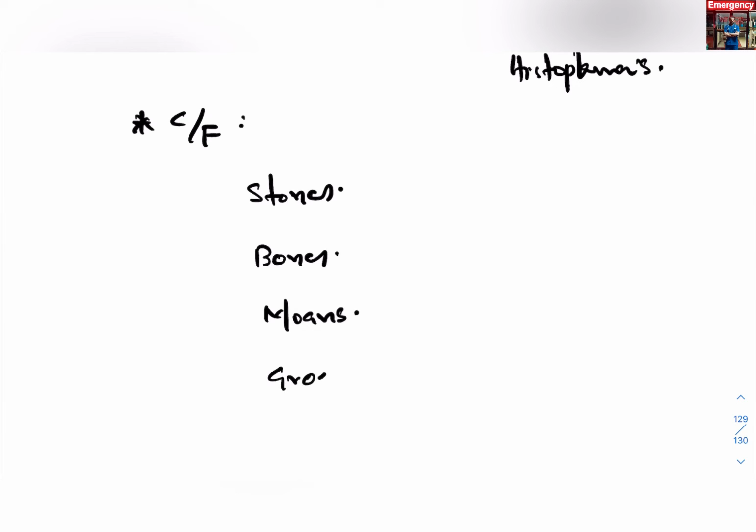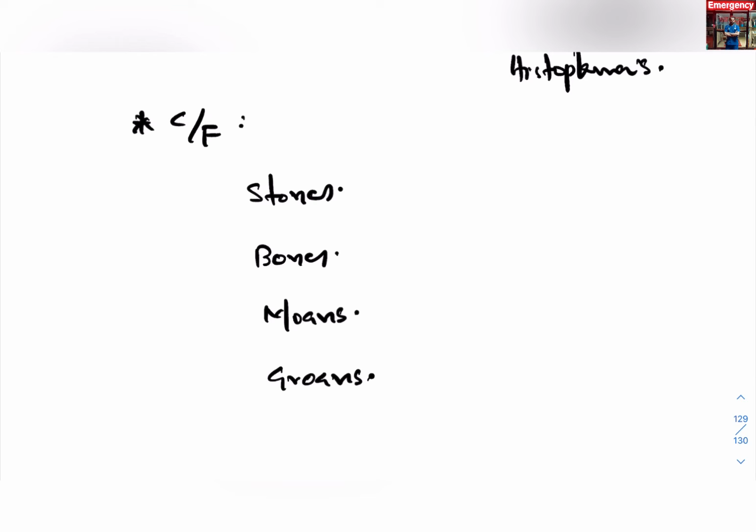Moving on to the clinical features. The clinical features of hypercalcemia can be easily remembered by the mnemonic stones, bones, moans, and groans. Stones means renal calculi. Bones means osteolysis. Moans means psychiatric disorders, psychic moans.